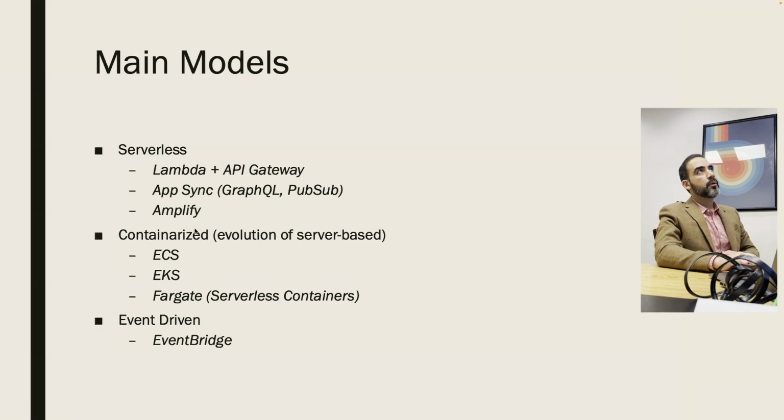Event-driven, once again, there is some overlap here, right? And I understand if there is some confusion. It's not like 100% clarity, just because of how things are structured and how many options we have, right? So event-driven is a paradigm, where the idea is that you write decoupled applications, right?